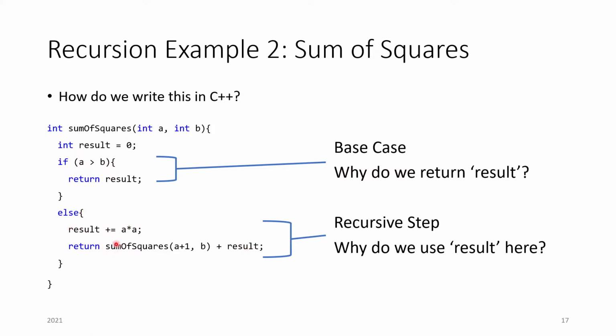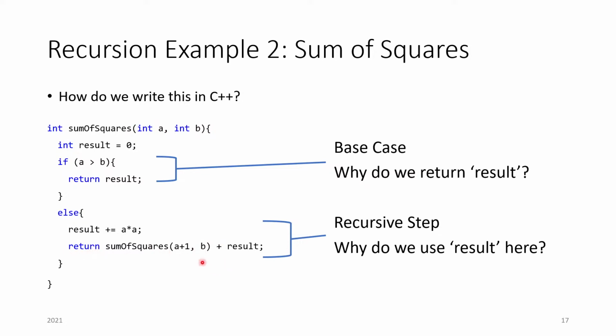Finally, for the recursive step, we need to call the function again, but we also need to make sure that something changes so that our base case will actually process when required. So we go a plus 1 here. We still pass b as required because our function requires two inputs, a and b. B doesn't change here.